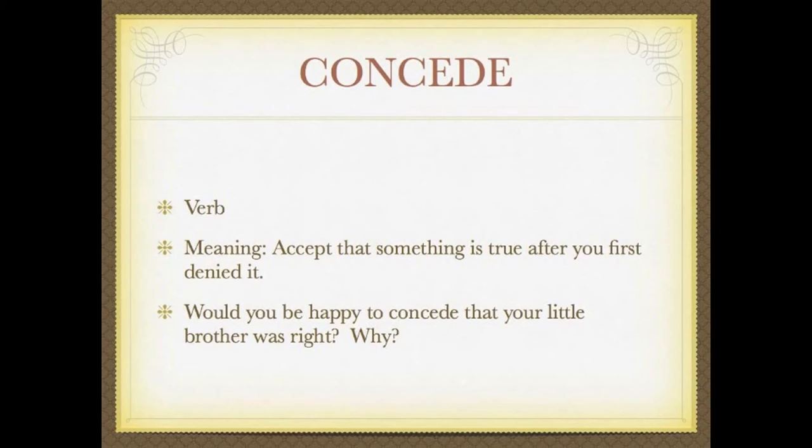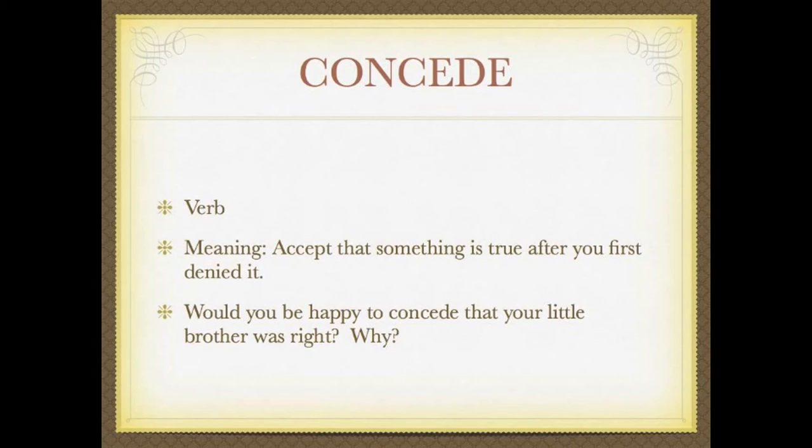The next word on our list is concede, which is a verb. One common mistake that students make is when they take the word concede and put it in the past tense, conceded. Sometimes students don't hear that very subtle difference between the word conceded, meaning accept that something is true after you first denied it, and the word conceited, which means that someone is snobby or stuck up.